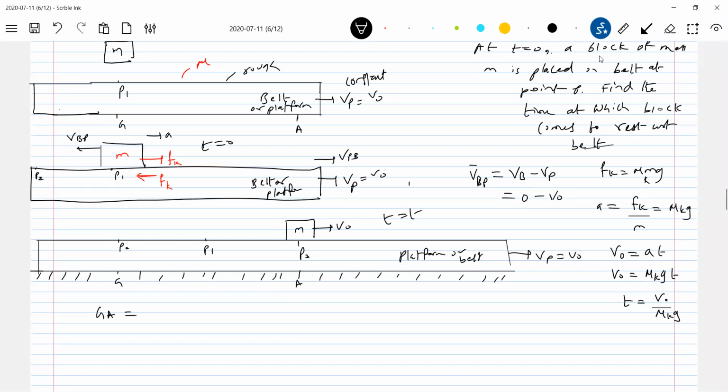GA should be equal to A T square by 2. A is mu k g, and T is V naught by mu k g, whole square. So this should be V naught square by 2 mu k g. This is GA, the distance moved by the block with respect to ground.